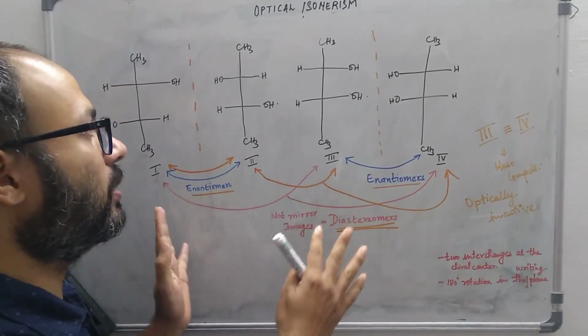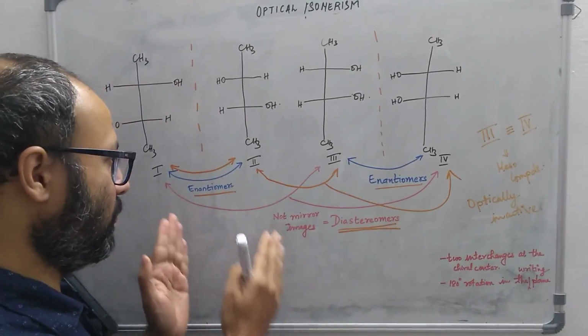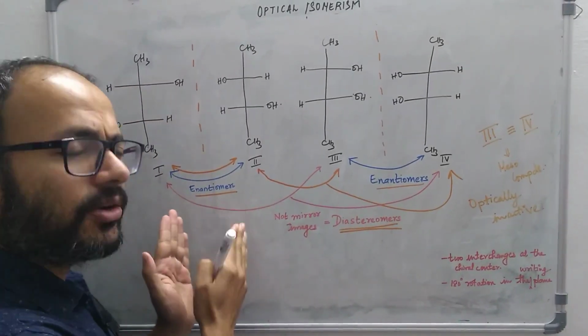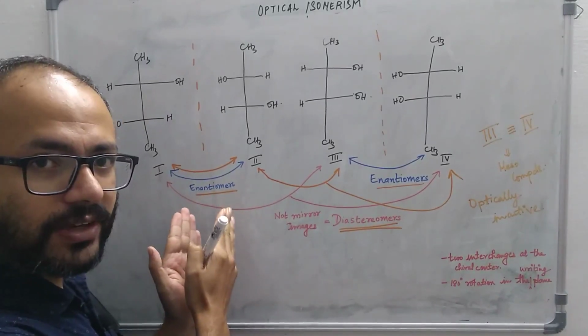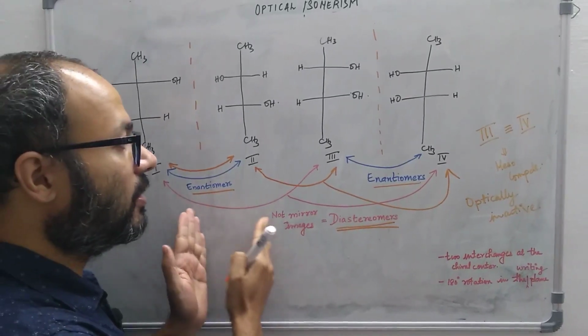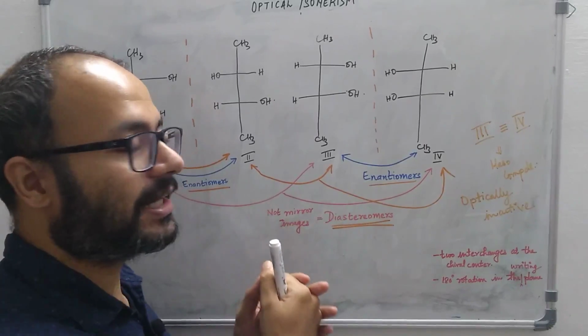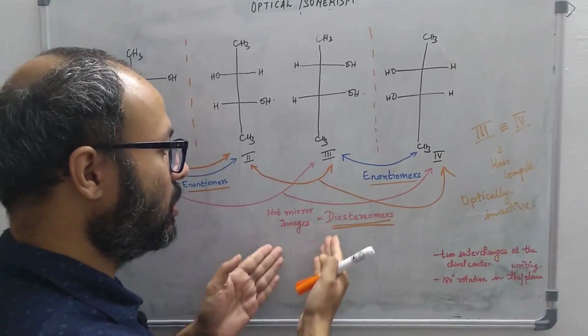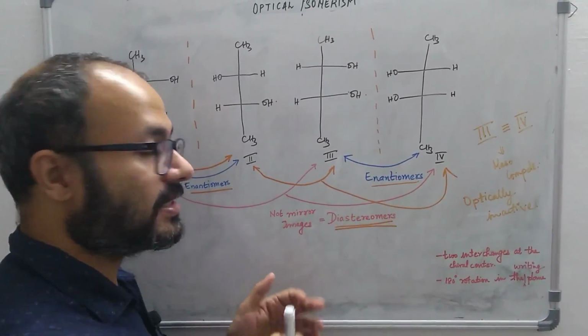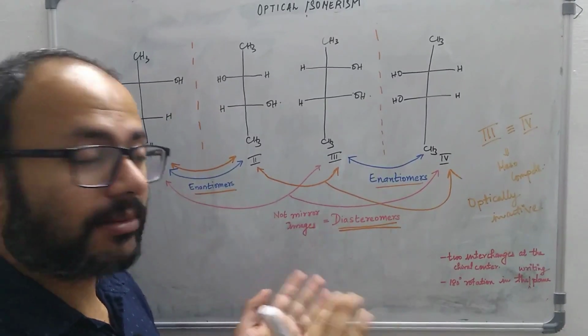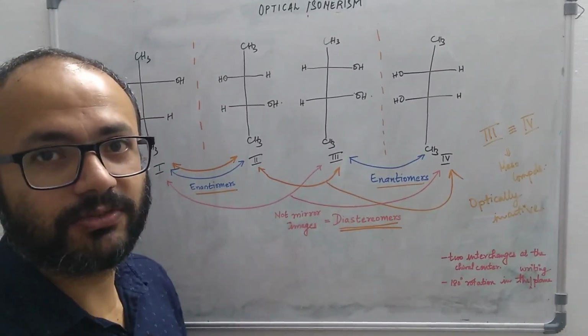When you draw the various stereoisomers, you will find some of the stereoisomers having the property of enantiomerism. Another relationship that you find among the stereoisomers is that they are diastereomers, meaning they are not mirror images of each other.